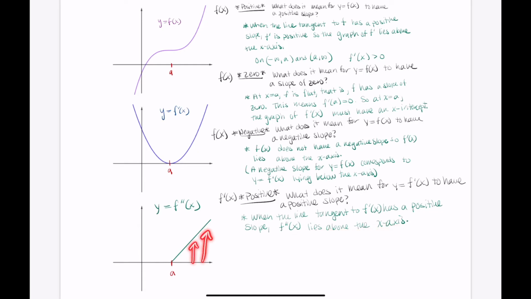Now what does it mean for the first derivative, that is y equals f prime of x, to have a slope of 0? Well, that's here, so that's a flat spot. This tangent line is horizontal, so its slope has to be 0. That tells me that the graph of the second derivative has to intersect the x-axis there at a.